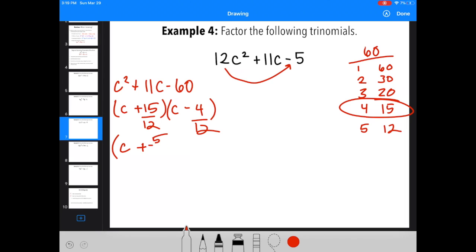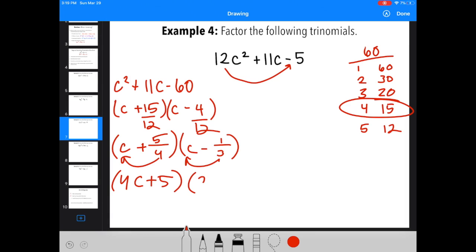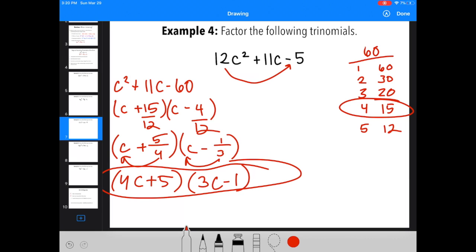So 15 divided by 3 gives me 5. 12 divided by 3 gives me 4. c minus, both of those are divisible by 4, so 1/3. Now I slip those values back over. So I get 4c plus 5, 3c minus 1 to be my end factor.